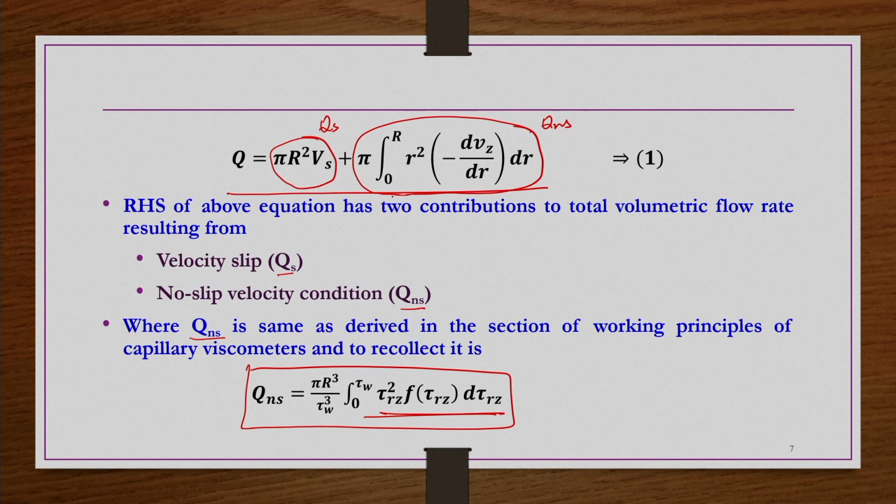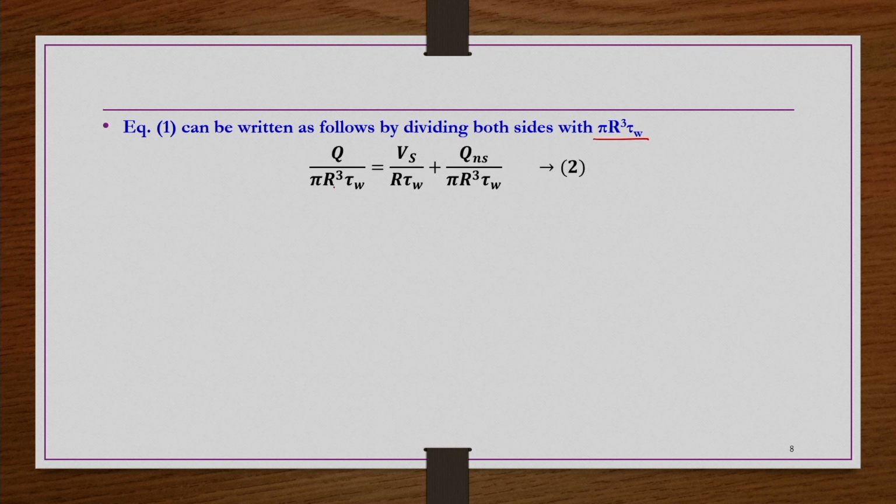So, now equation number 1, that is q equals pi r square Vs plus pi integral of r square minus dVz by dr. This equation we are dividing both sides by pi r cube tau w. So, q by pi r cube tau w on the left hand side, and on the right hand side you will have Vs by r tau w plus the integral part, which we are not worrying about, we are just giving the notation Qns to the second term in the RHS of equation 1.